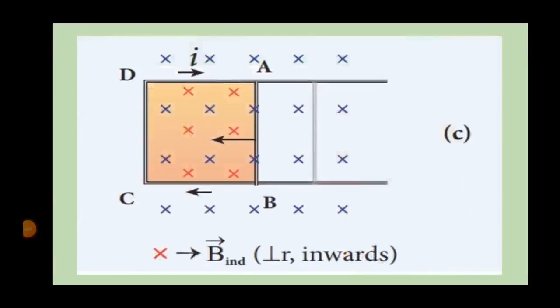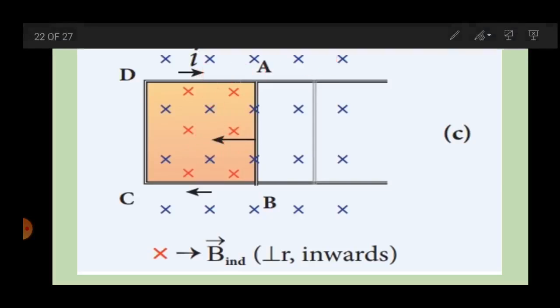Then next, when the motion of the arm AB decreases the magnetic flux, the induced current this time produces a magnetic field in the inward direction, in the direction of the existing magnetic field. Therefore, the decrease in magnetic flux is opposed by the flow of induced current.